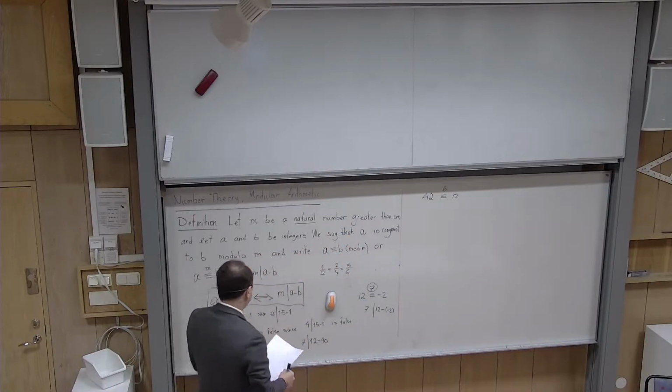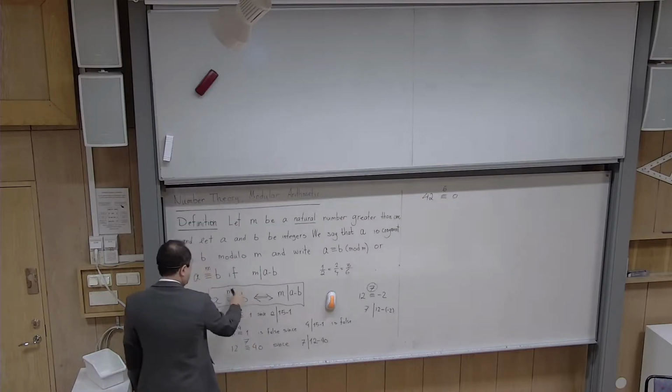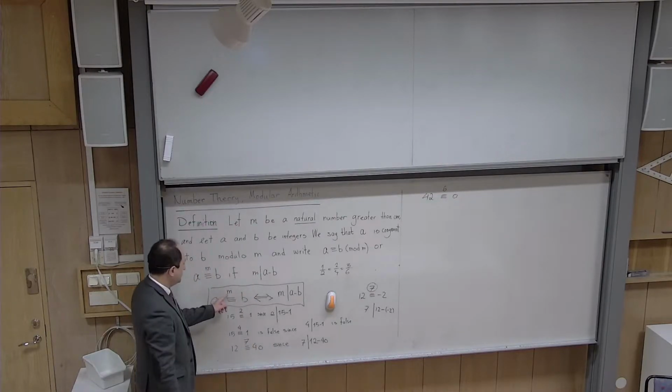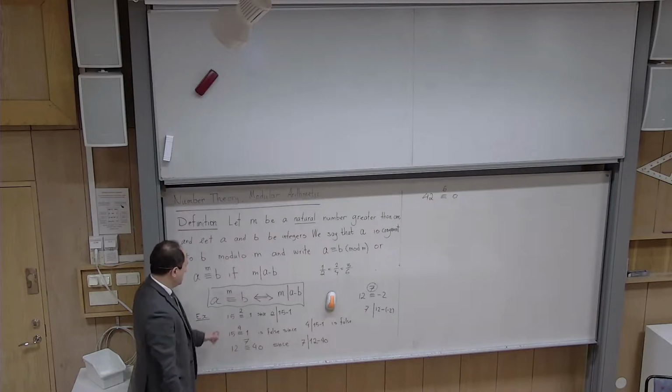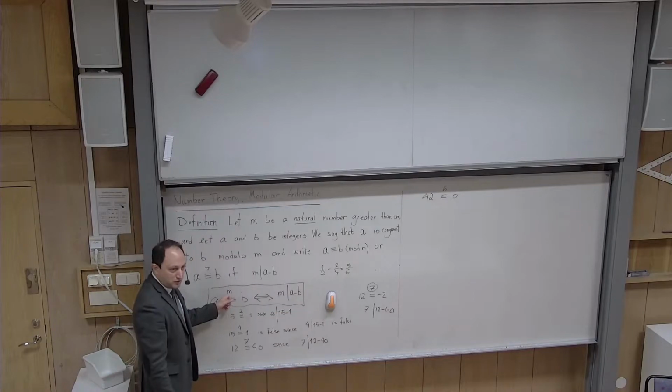So for example, let me translate this. By the way, why do you think I excluded 1 from the m? Because there is nothing interesting going on, yes? If I choose m to be 1, then what happens? Yes, every number is congruent to every number in that module.